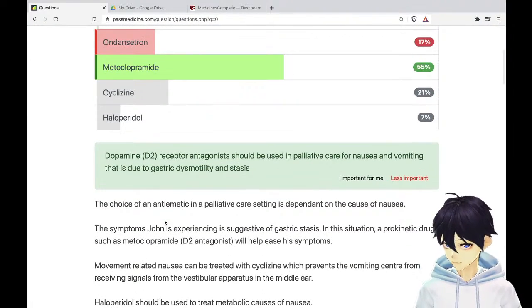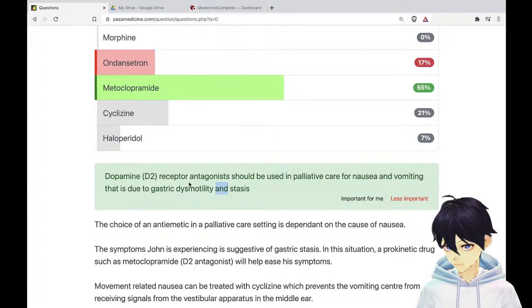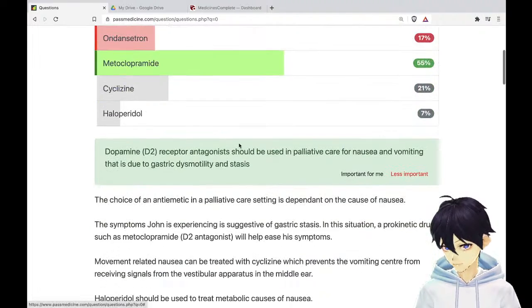The answer is metoclopramide. Why? So D2 receptor antagonists should be used in palliative care for nausea and vomiting. That is due to gastric dysmotility and stasis. Okay, so metoclopramide promotes peristalsis, right? So that's a reason why they are presenting this information to you, not passing bowels for 2 days.